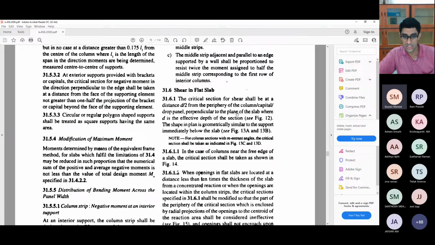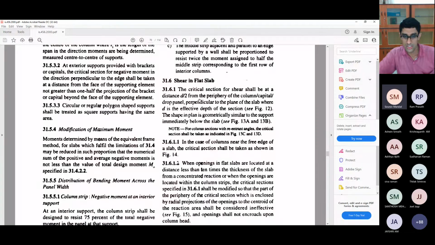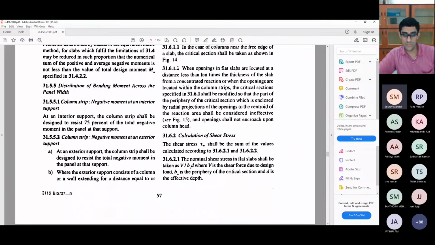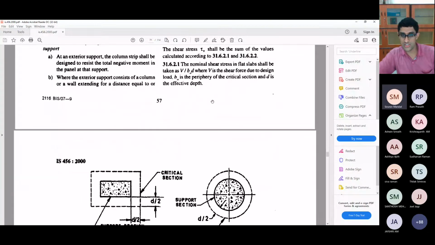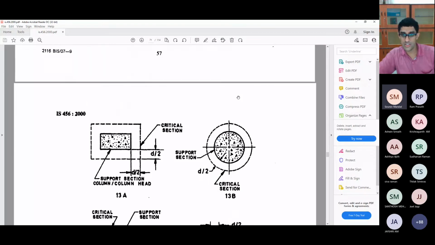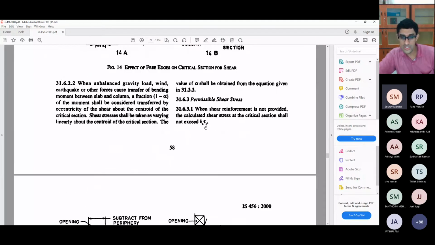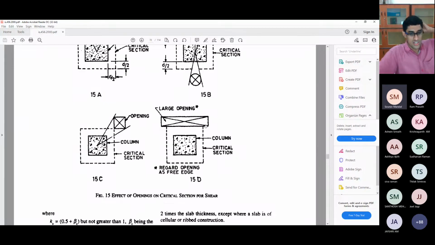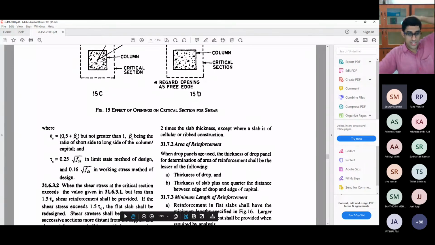Shear in flexure I told you, so that it's d/2 from the periphery of the column, and the calculation of shear stress also I told you. The permissible shear stress is Ks tau c, where Ks is 0.5 plus beta c, where beta c is nothing but the ratio of the short side to the long side of the column or column capital, whatever you have.